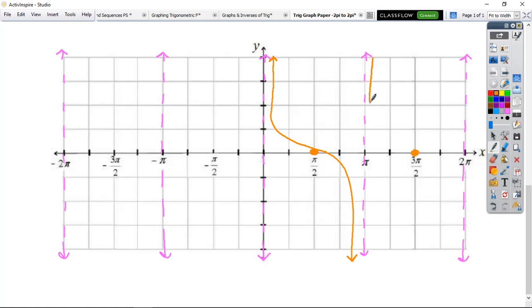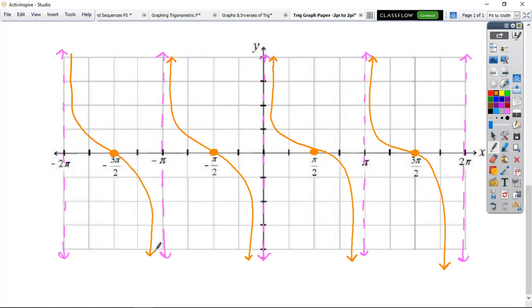I'm just creating a rough sketch of this because we're looking for domain and range. Does your domain have restriction to it? Yes, that's the asymptotes. You are not crossing those over. And one more section. And then we need to flip back and we are going to state the respective domain and range.